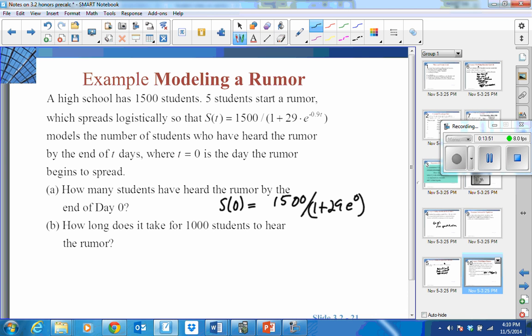And e to the 0 power is just 1, so we end up with 1 plus 29, so that's 1,500 over 30. And so basically 50 students hear the rumor by the end of day 0.